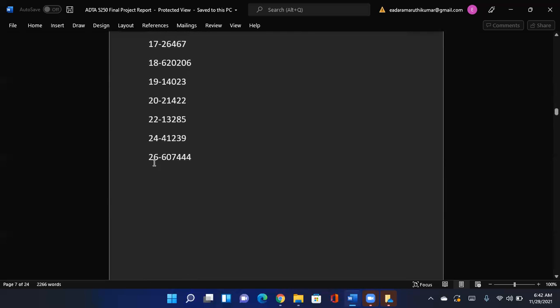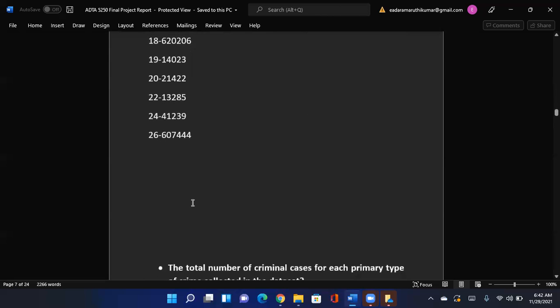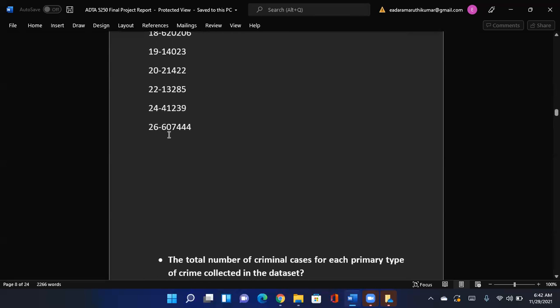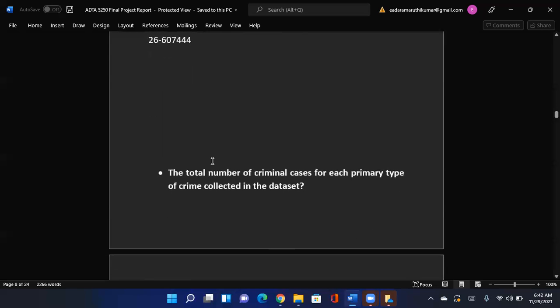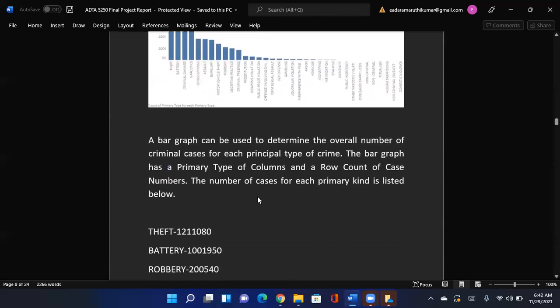This is the last one, the 26th one. I already mentioned you have 26 types, and that one has 607,444 cases. That is about that. And here is the total number of criminal cases for each primary crime collected in the data set.